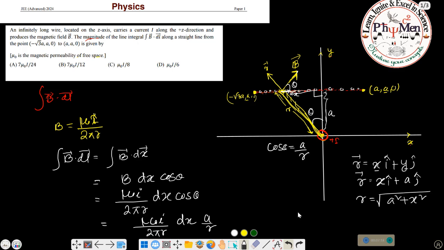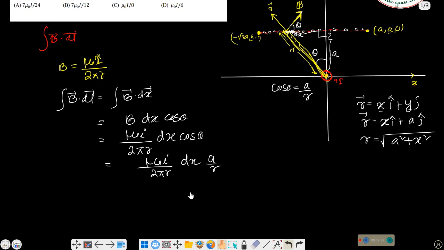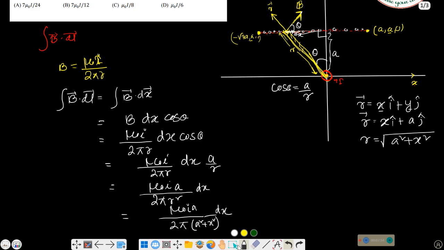Putting this in, we get mu naught I a by 2 pi r square into dx, where r square is a square plus x square, so dx stays in the numerator.